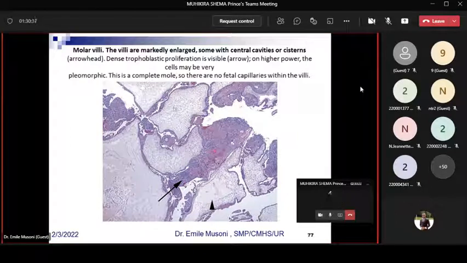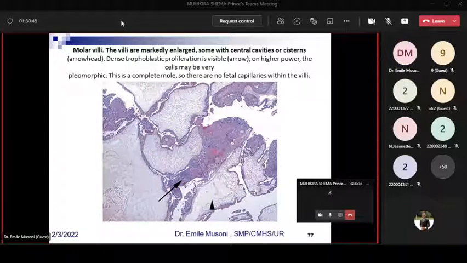Those are villi. You see they are large, dilated, and have no core of blood vessels inside. This is a complete mole, no fetal capillary within the villi.